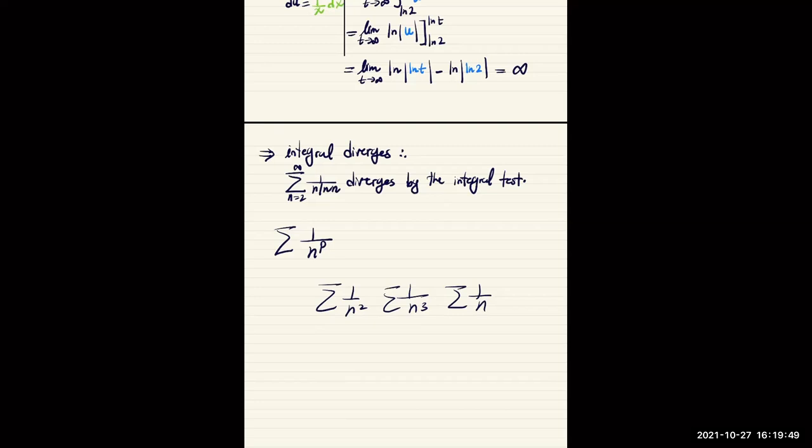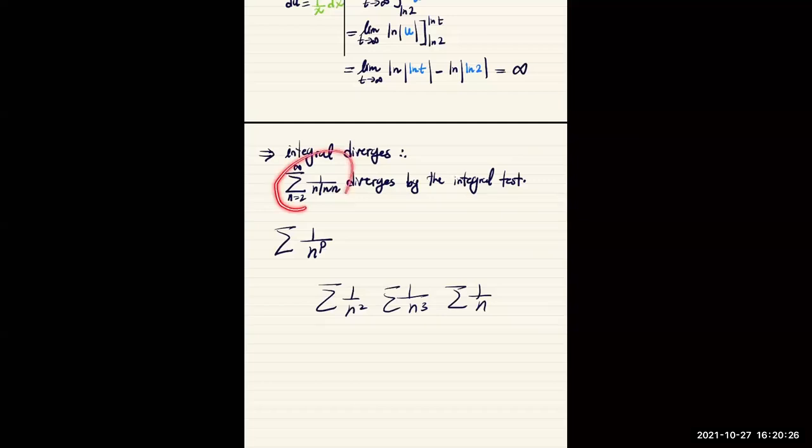Meaning that if the power is, let's say, 1.000001, no matter how many zeros and then a 1, the series is going to converge. As long as the power is more than 1, it is convergent. The harmonic series is the boundary. You increase the power slightly, then it is going to converge.